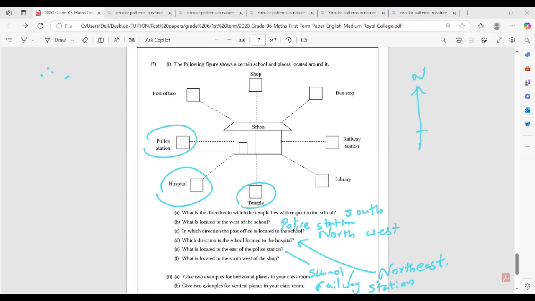And for the last part, what is located to the southwest of the shop? Southwest of the shop. So, southwest is here of the shop. So what is it? It is police station.